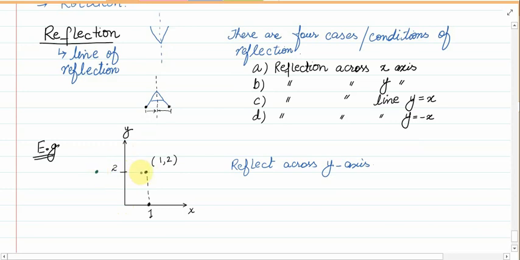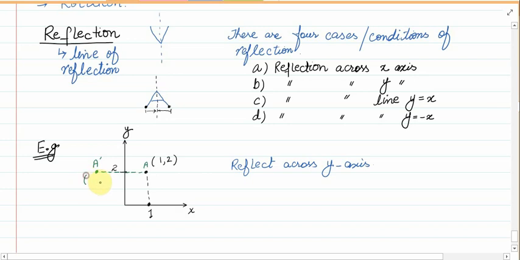So let's suppose you are moving from the point A towards the point A dash. When you reach the point A dash, is there any change in your y value? So the answer must be no, because you are moving in the x direction only, so there is no change in y.